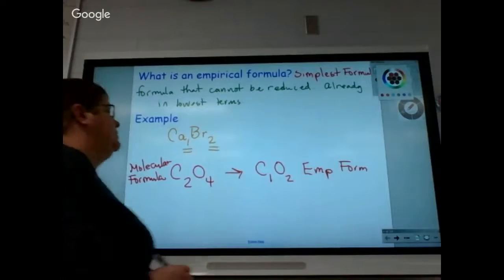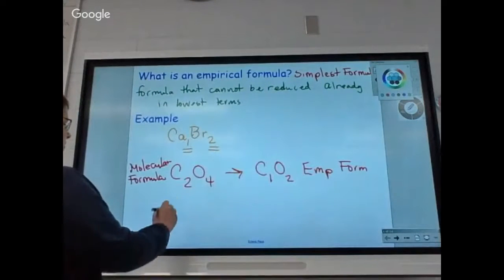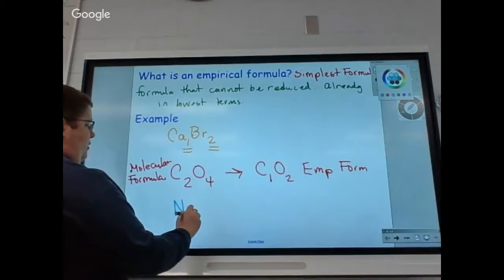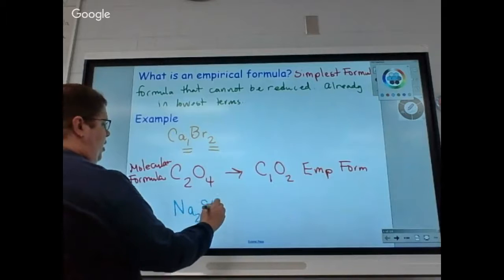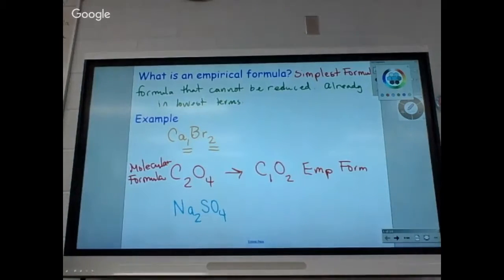Now, sometimes a formula such as this throws people off, and they can't decide if that's the empirical formula or not. Is that the empirical formula? What do you think?